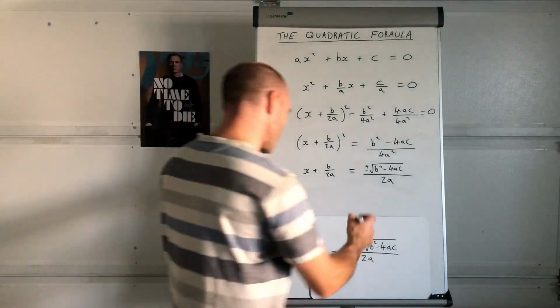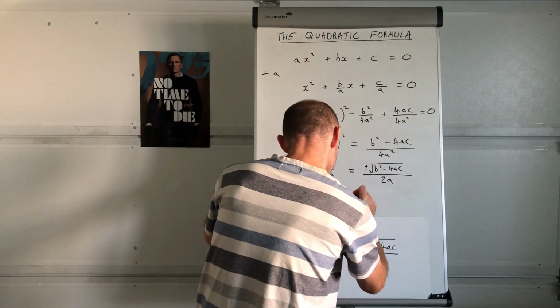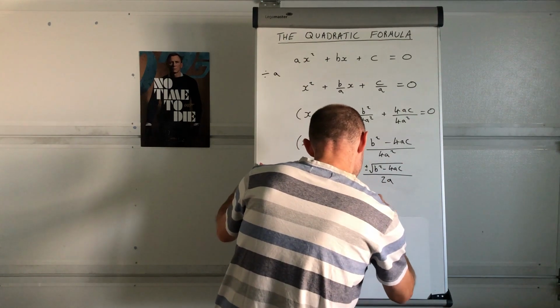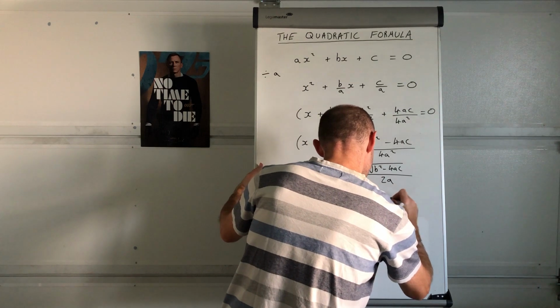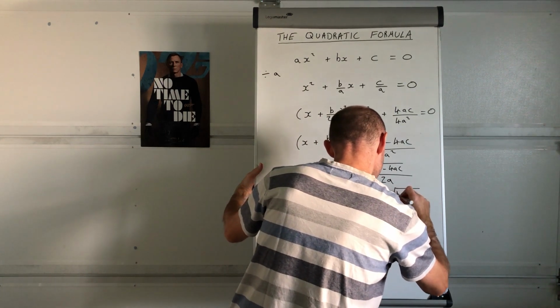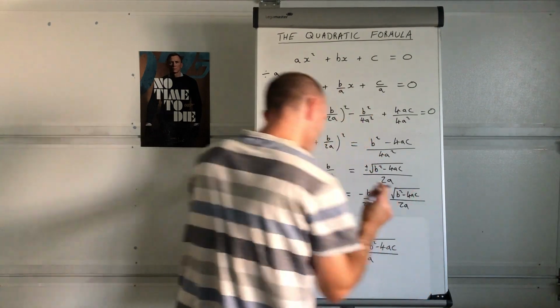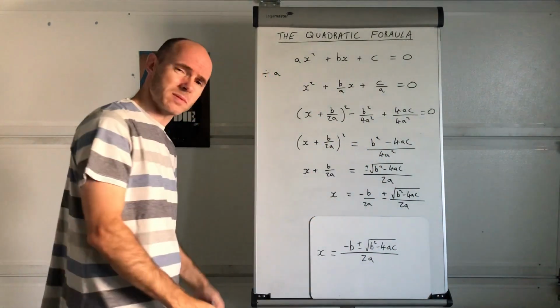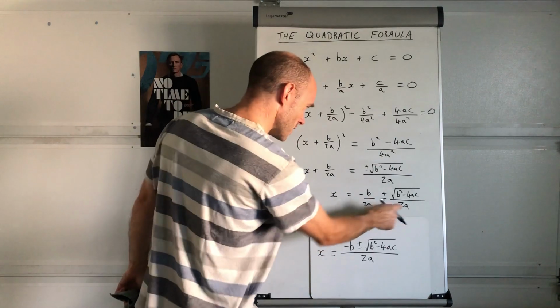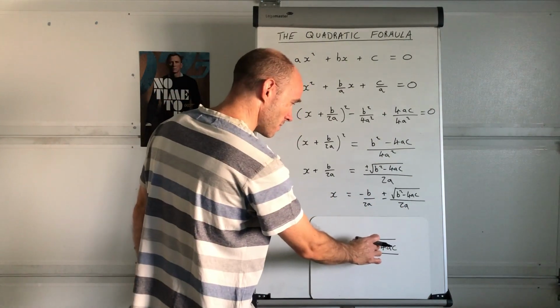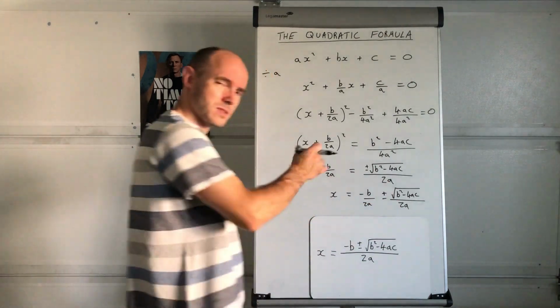The next thing we want to do is put this onto that side. So it's going to be negative b over 2a plus or minus the square root of b squared minus 4ac all over 2a, which is the same as that. It's the same denominator, 2a. Now you could argue I could just write down that line straight away, but I just wanted to fit that in so you didn't miss it.